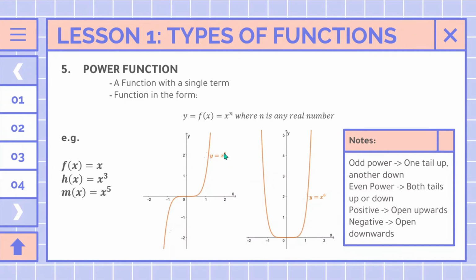Kung positive itong 5, then it opens upward. So next naman, even power, both tails up or down. Given naman dito is yung even power. Y is equal to x raised to 6. Even siya. So ibig sabihin, yung both tails niya, ito, both up. Pero kapag naman negative siya, tulad nga ng sinabi ko kanina, opens downward.